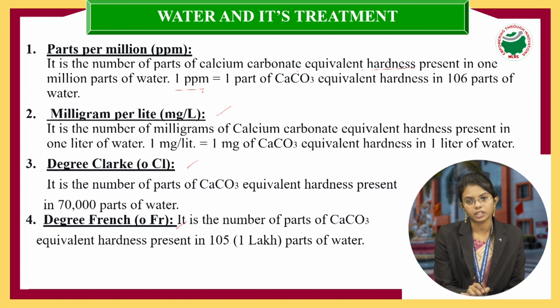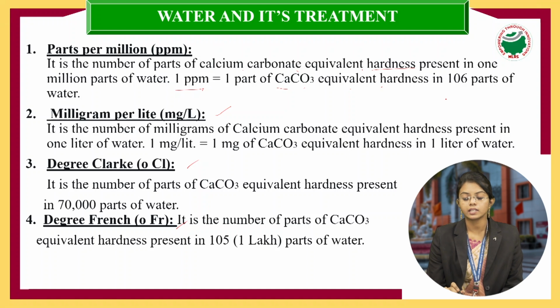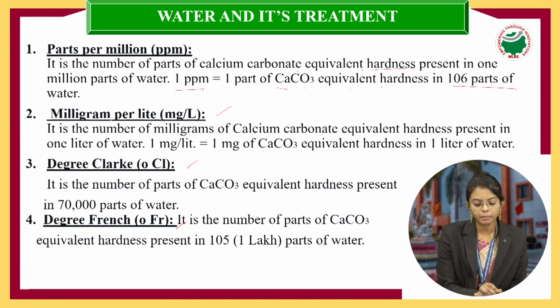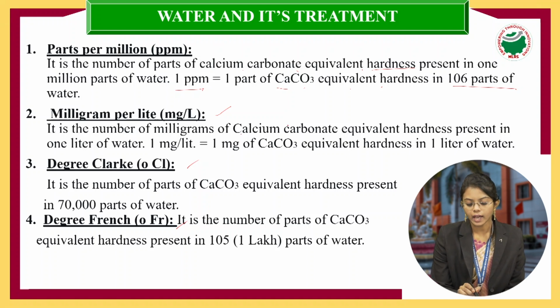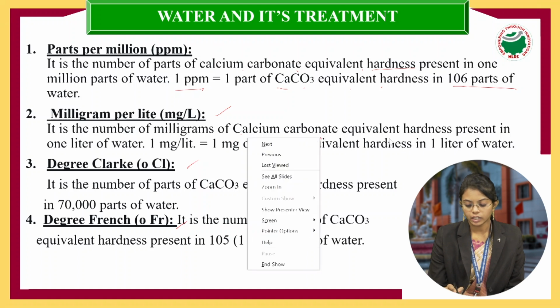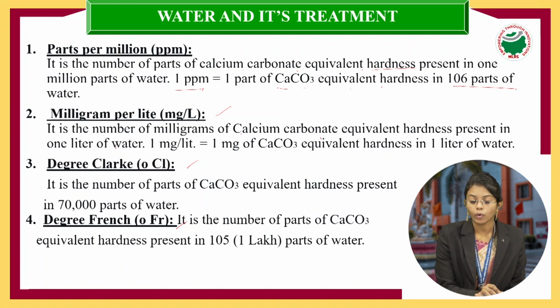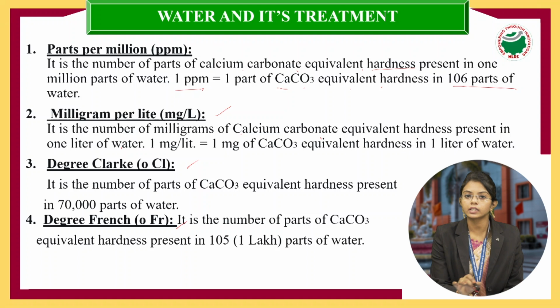That means 1 ppm is equal to 1 part of calcium carbonate equivalent hardness in 10^6 parts of the water. Coming to the milligram per liter, it is the number of milligrams of calcium carbonate equivalent hardness present in 1 liter of water. Here the reference we are taking is calcium carbonate.